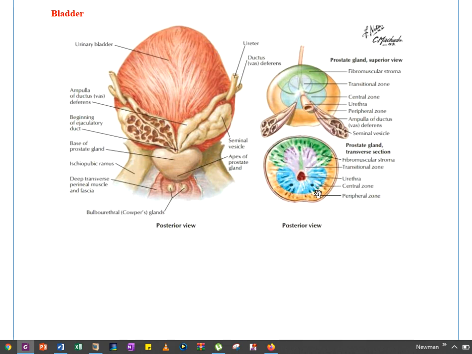So this is something that you need to remember, that you need to recall. Recall peripheral zone, central zone, transitional zone, fibromuscular stroma, and also urethra.